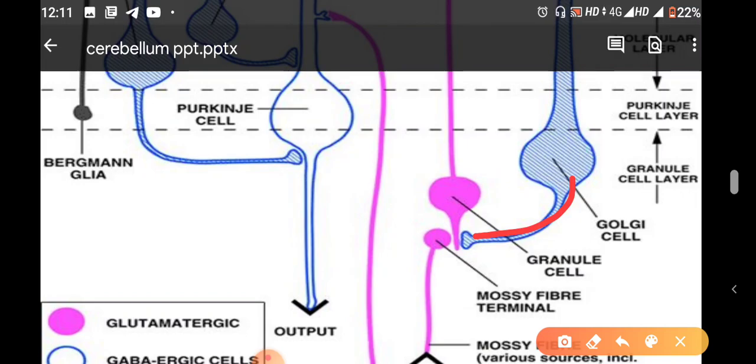So this granule cell and the Golgi cell are excited by the same excitatory input, that is the mossy fibers. This arrangement is said to produce feed forward inhibition of granule cells. So in this way granule cells get inhibited via feed forward inhibition by Golgi cells.